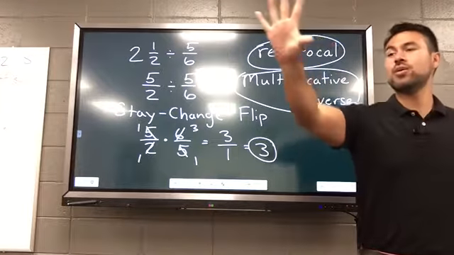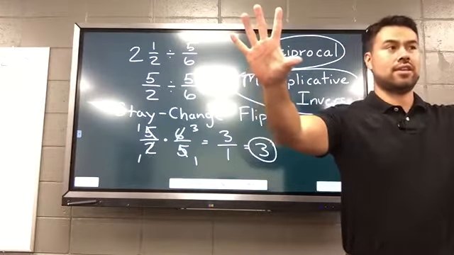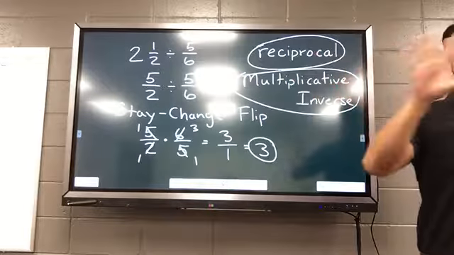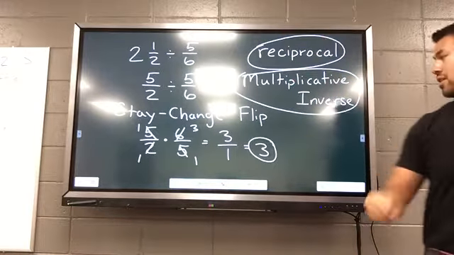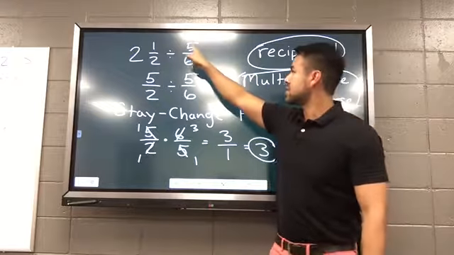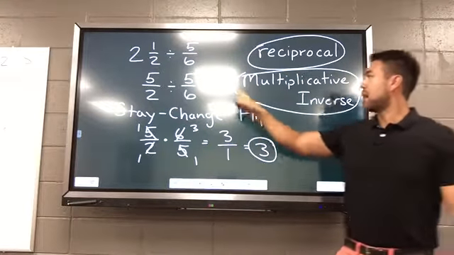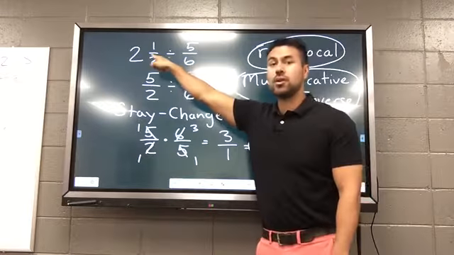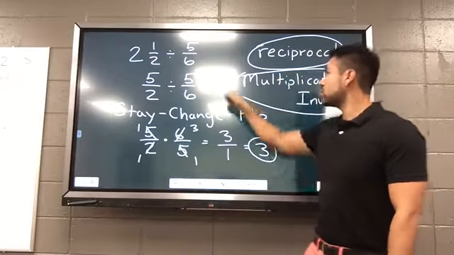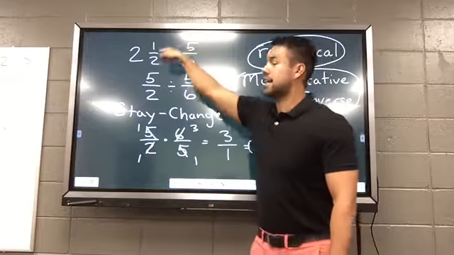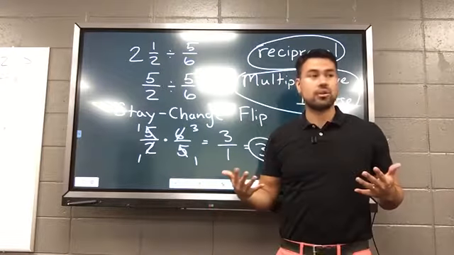Ready, guys? 30 divided by 2 equals what? 15. What's 15 times 2? 30. What's 3 times 5/6? There are 3 groups of 5/6 in 2.5. That means there are 3 groups of almost a whole in 2.5. That's what you're saying with your answer.